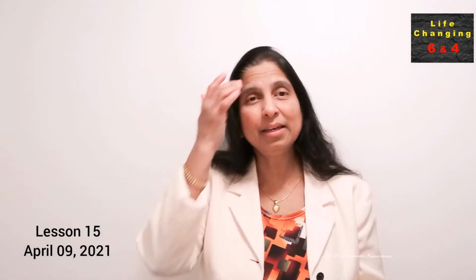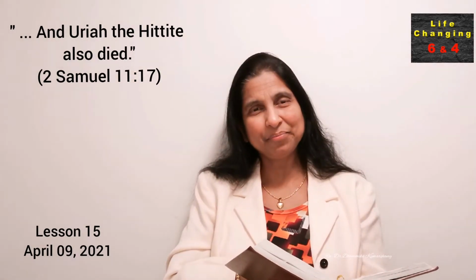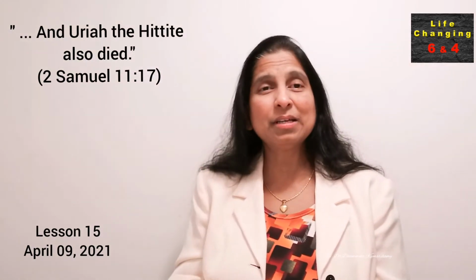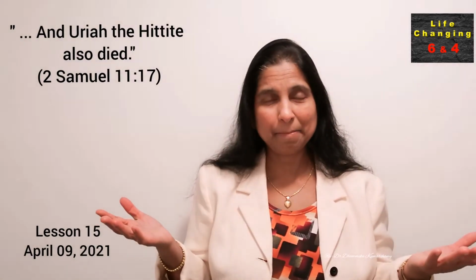So he got the letter, and this is what happened. Verse 17 says, and the men of the city went out and fought against Joab, and some people among David's servants fell, and Uriah the Hittite also died. His plan was successful, and poor Uriah died.